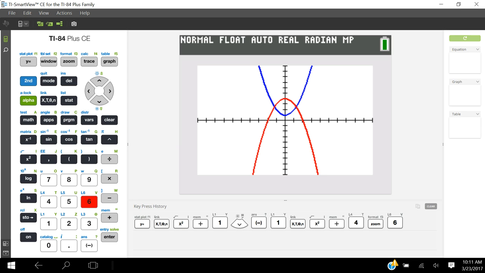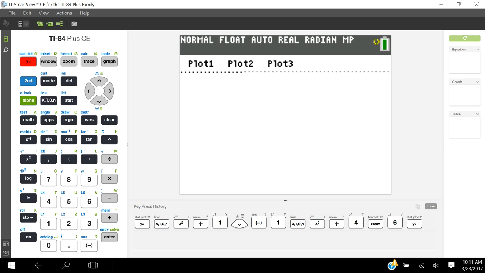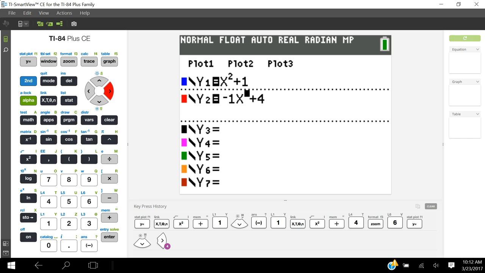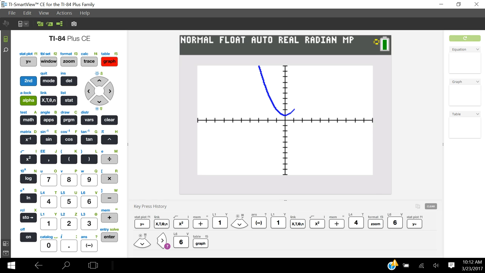See, I'm so glad I did that because this one only went up 3, and it should have gone up 5, which means it should have been 6. Let's look at that and see if that looks better.